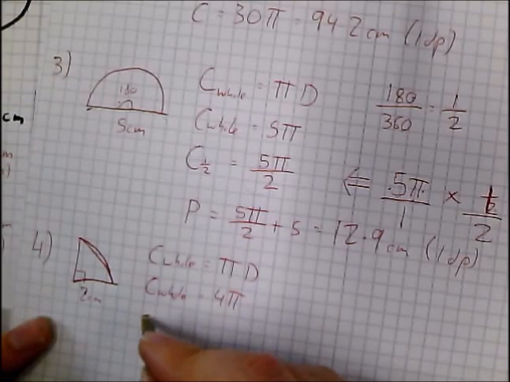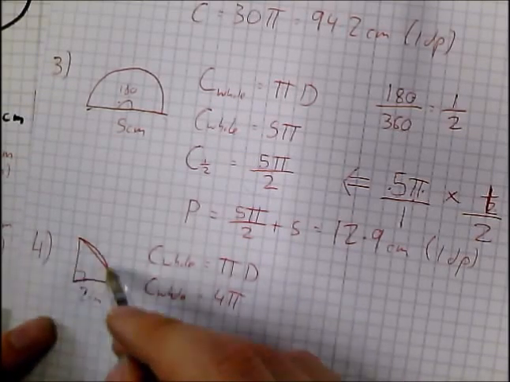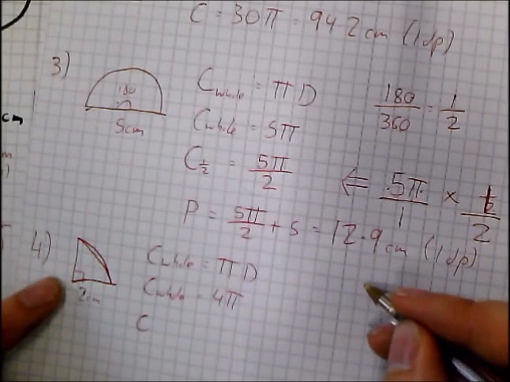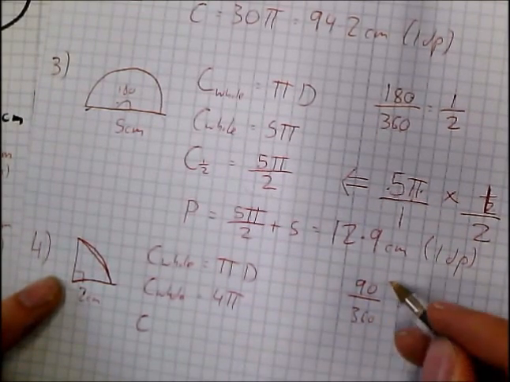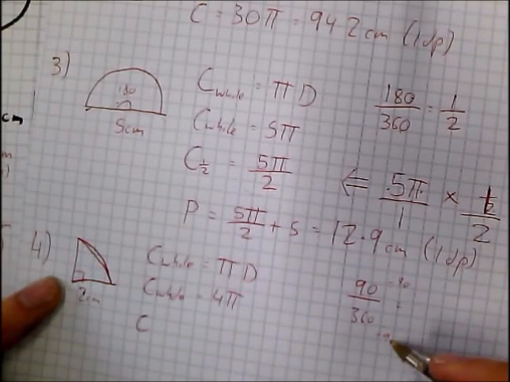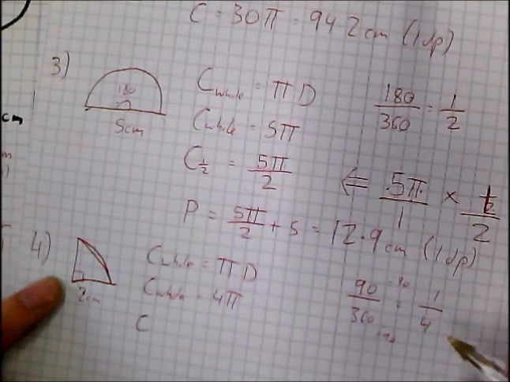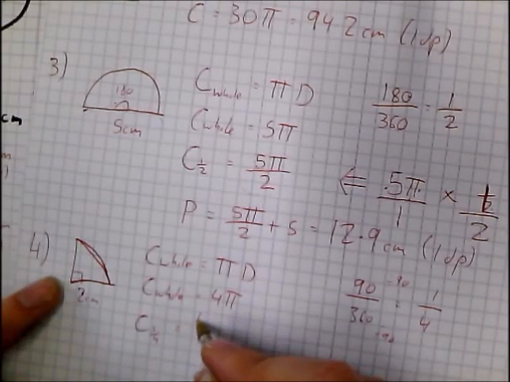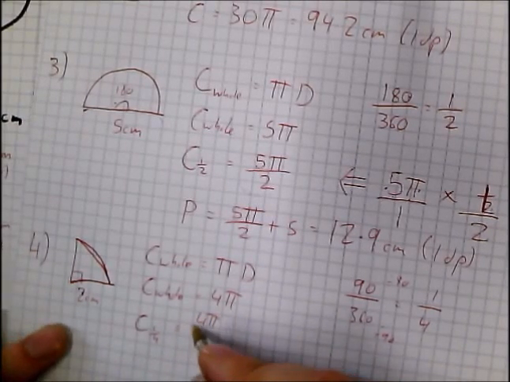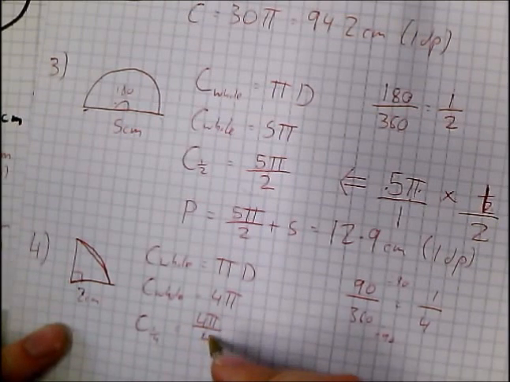And then I want C of a quarter of it, because I've got a quarter of the circle. So 90 over 360, divide top and bottom by 90, 1 over 4. So the circumference of the quarter circle is 4 pi over 4.